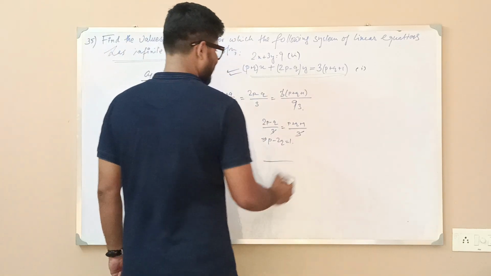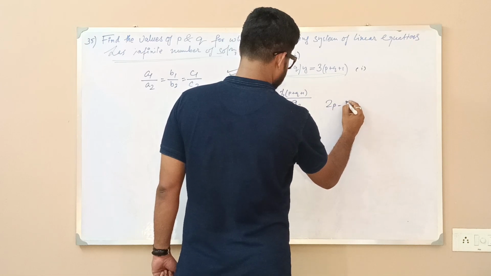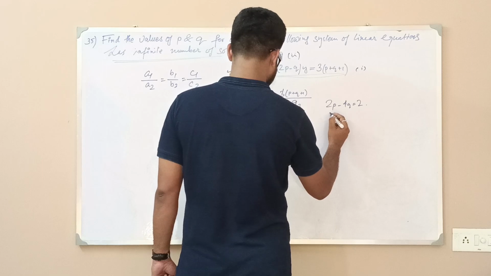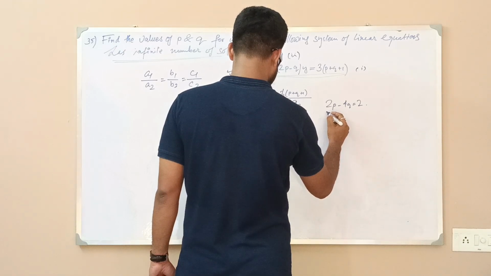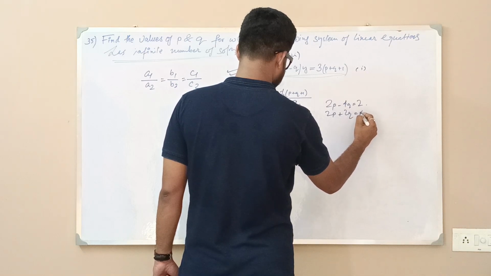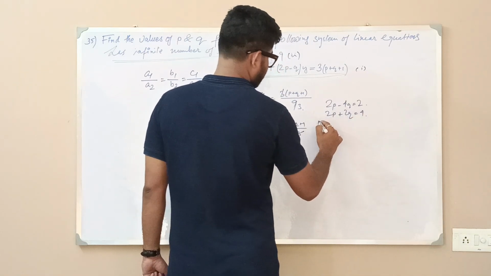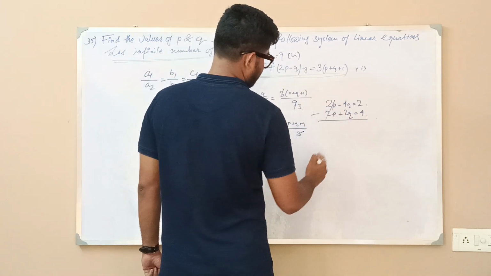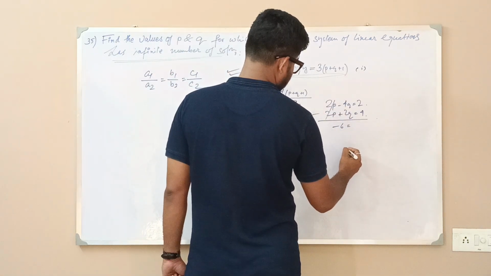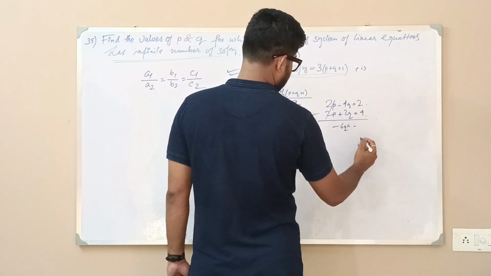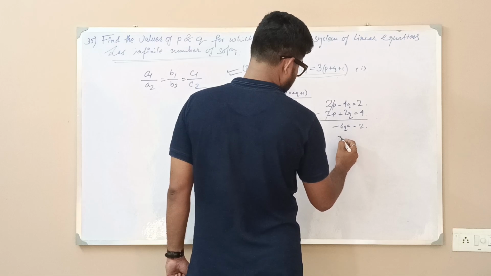So for that, 2P minus 4Q equals to 2. Again 2P plus 2Q equals to 4. So from here we'll subtract this. So minus 6Q equals to minus 2.